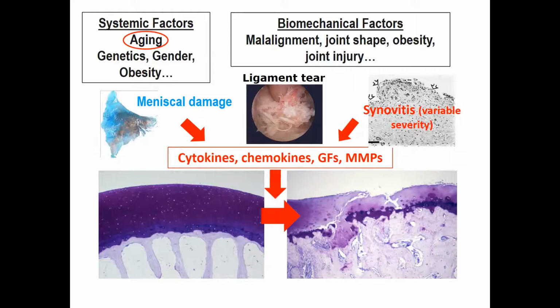And there are a whole host of cytokines, chemokines, various types of growth factors, and MMPs, or matrix metalloproteinases, that are involved in this disease process and are responsible for breaking down the various joint tissues. Some of them are being produced by a damaged meniscus or synovitis, and some of them are produced in cartilage.